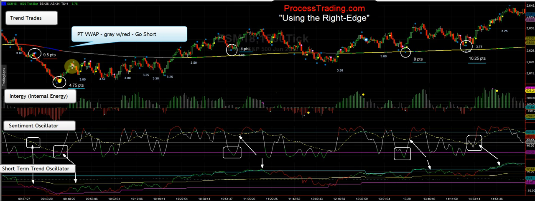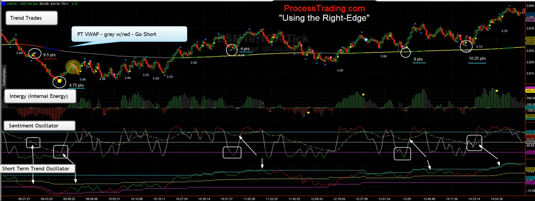Also, if you were going to take these trades, again, these would be to the short side, and you'd be looking down at the discretionary indicators, and you can see that the sentiment is headed up, the momentum is headed up, the short-term trend is headed up. So even though classically you would be able to put your trade in, you'd have to put it down here and you wouldn't get filled anyway.